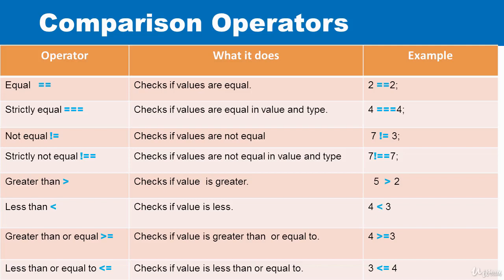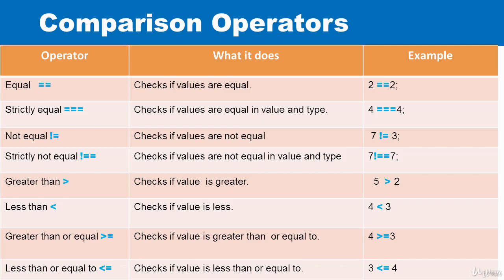So we must be careful about the distinction between single equals or double. If you want to check if something is equal to something, you use a double equals. If you want to assign a value like you do in variables, you use just a single equal. If you want to compare that the values are strictly equal in both data type and value, you use the triple equal symbol.